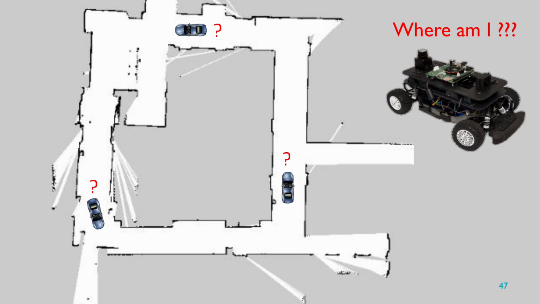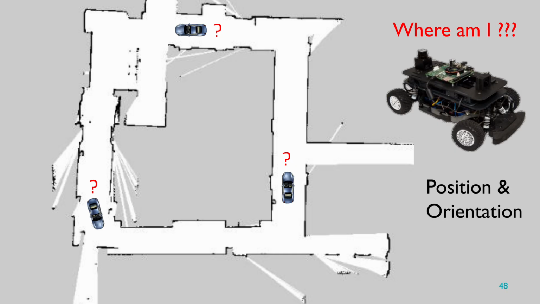Even if the surroundings look similar, each corridor or intersection corresponds to a different pose on the map. So, the robot must determine its exact position and orientation, not just its rough location. Without this information, the robot cannot plan safe trajectories or avoid walls and obstacles effectively.